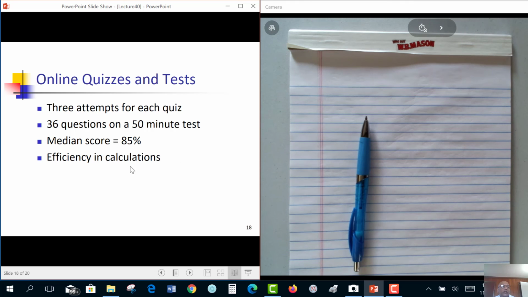And I hope through this you have also learned how to be efficient in using your calculator. So that was one of my other objectives. So in conclusion, I think you have learned a lot. I think you have accomplished a lot. I hope you reflect on it. And I hope you find ways to use this material that you have learned in your other courses.